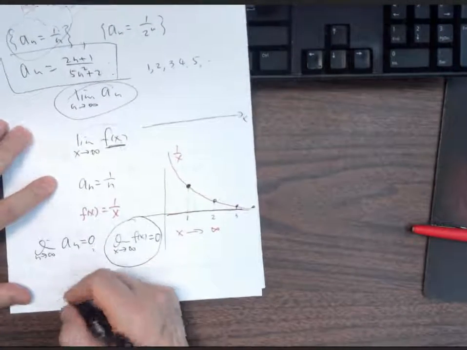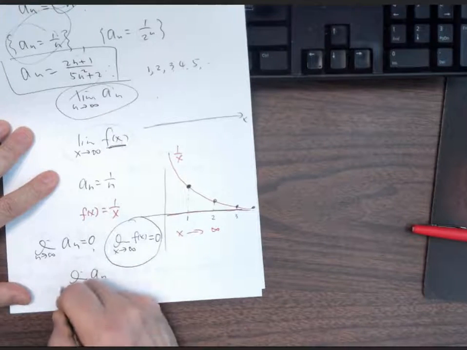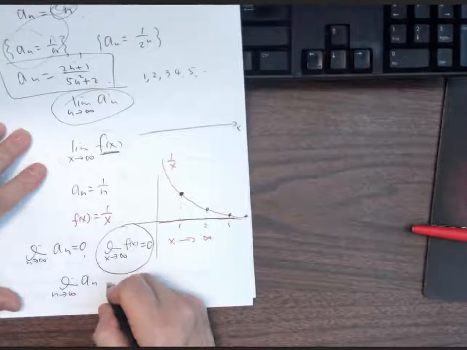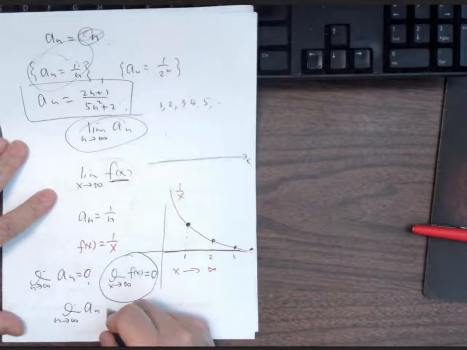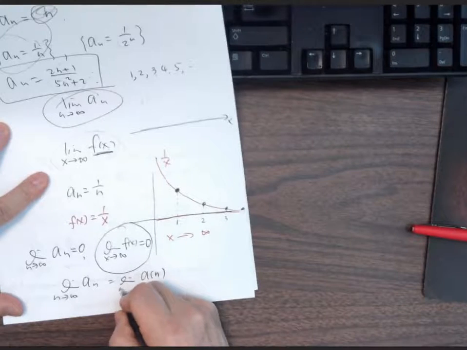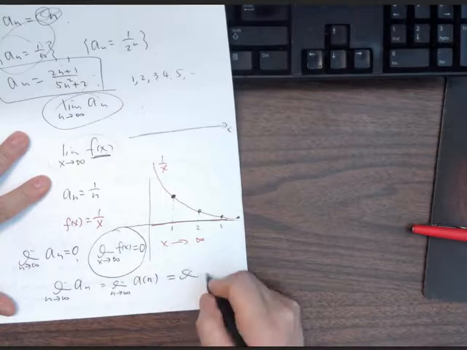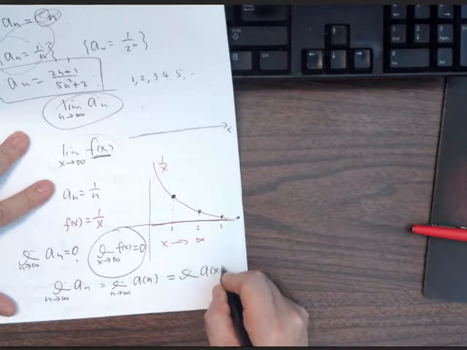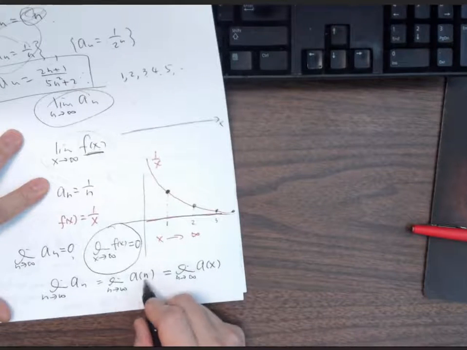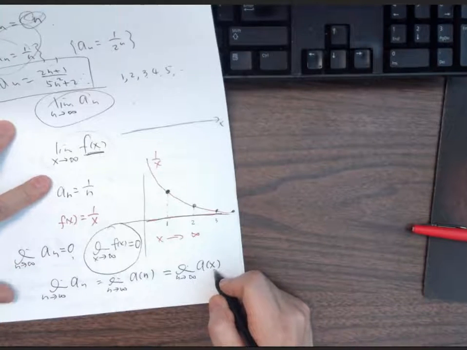As a matter of fact, we can show in general that the limit of a sequence, considered as some expression of n, would be the same as the limit of a similar function, where the variable n is regarded as a continuous variable x.